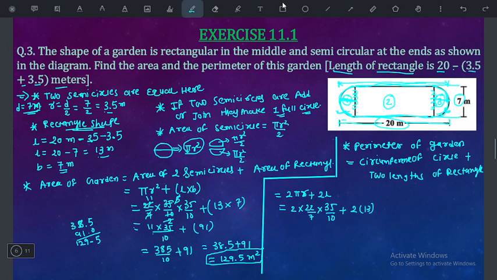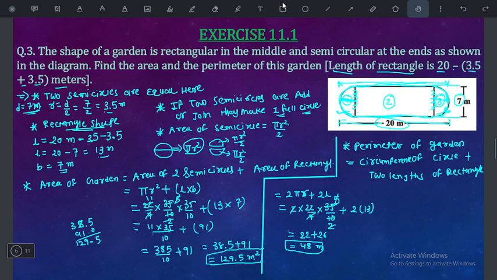For the rectangle the length is 13. 7 fives are 35, 5 twos are 10, 2 twos cut, it becomes 22, plus 13 twos are 26. So 22 plus 26 is 48 meter. The perimeter of the garden is 48 meter.